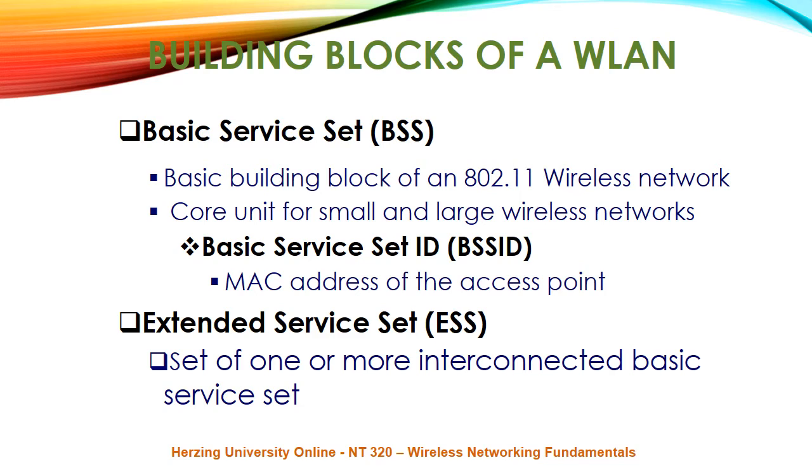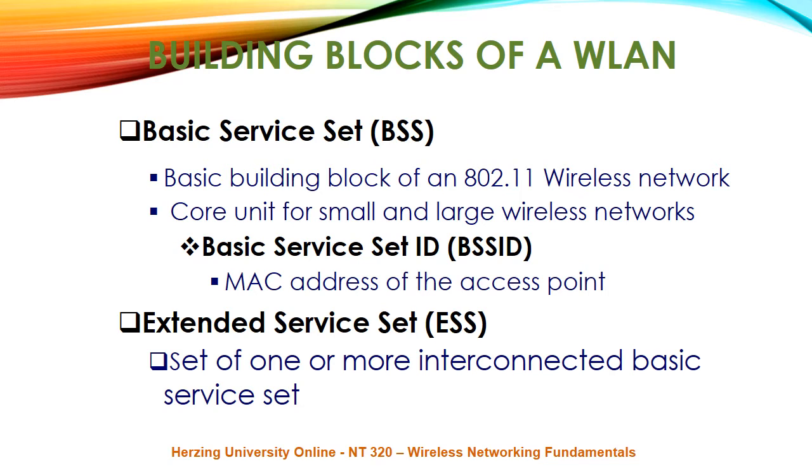So, depending on whether we have an infrastructure basic service set or an independent basic service set, it will determine how the basic service area is created. When you implement an infrastructure basic service set, the basic service area is effectively the area where you can connect to that access point.